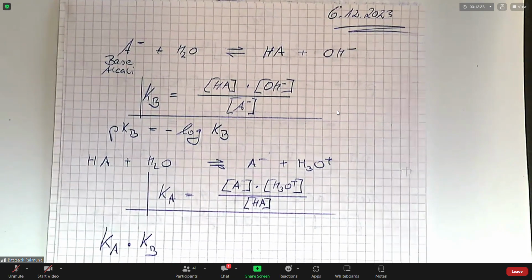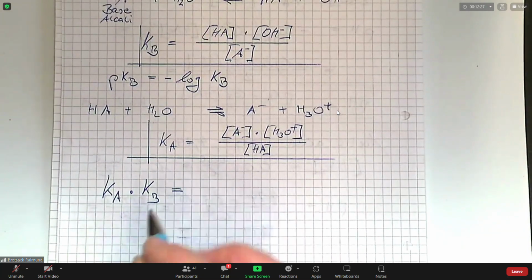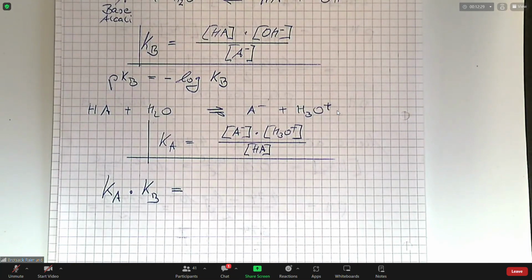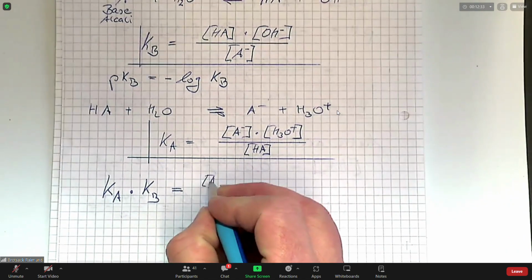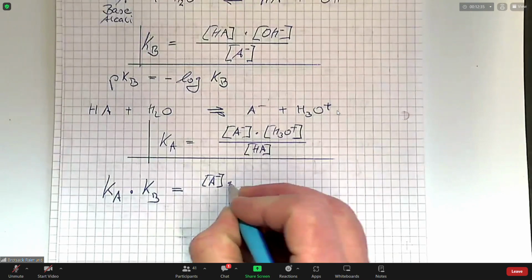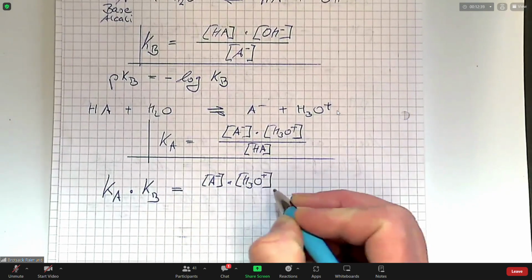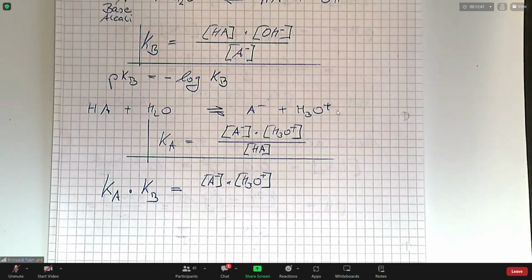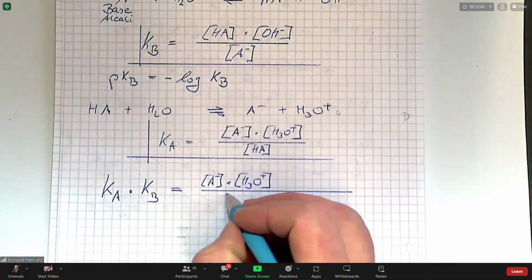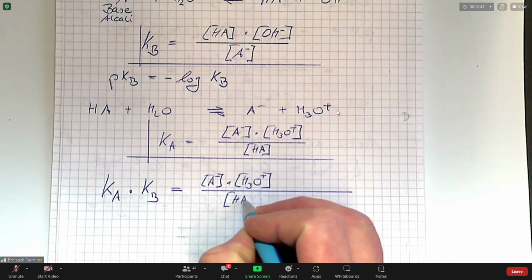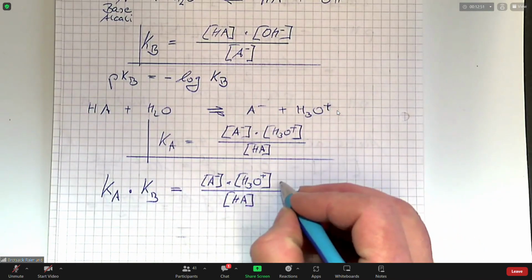What will happen when we multiply those two? Then we have Ka is the A minus concentration times H3O plus over the concentration of the acid. And the Kb, we can multiply.